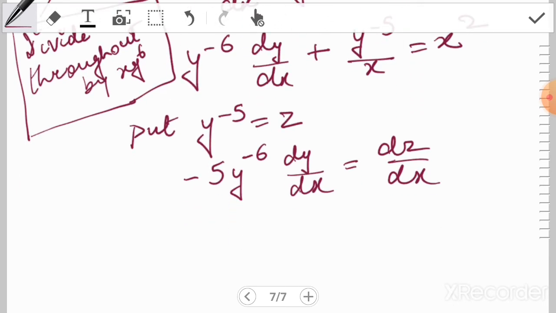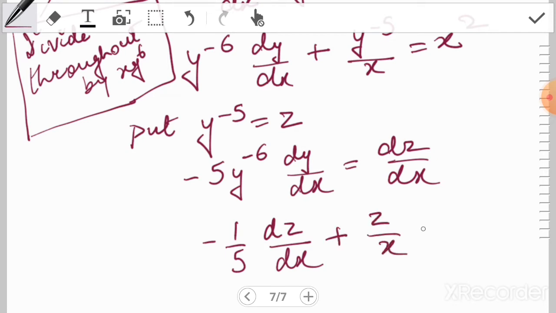So now this equation becomes minus 1 by 5 dz by dx plus z by x equals x square.